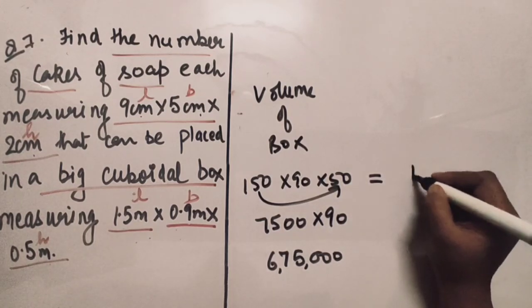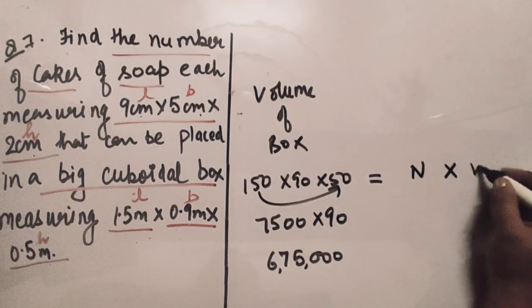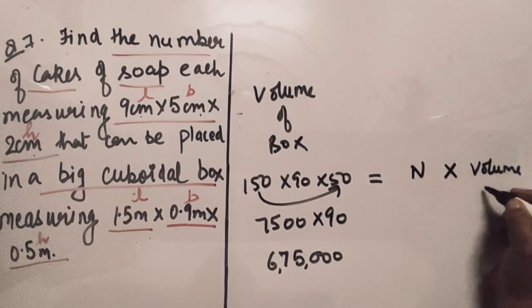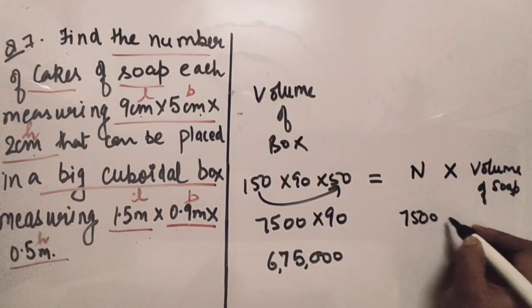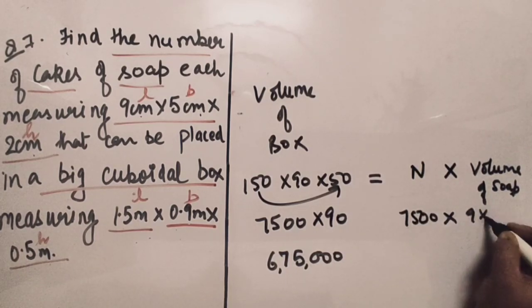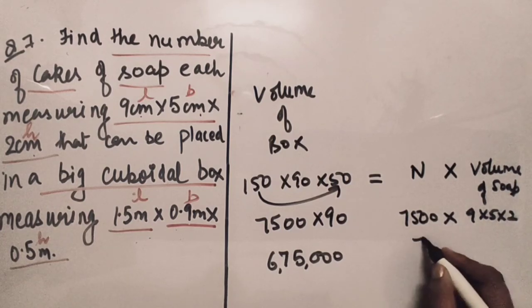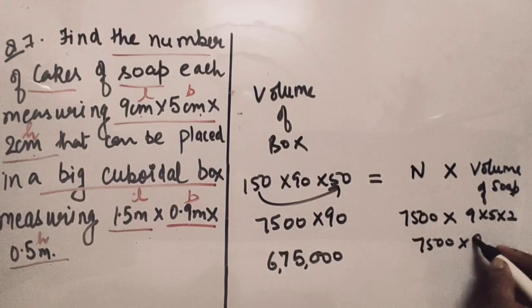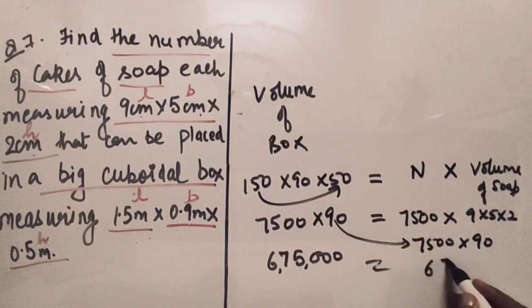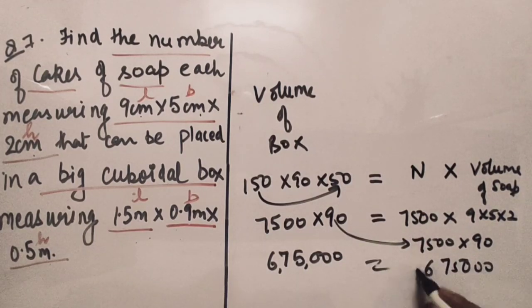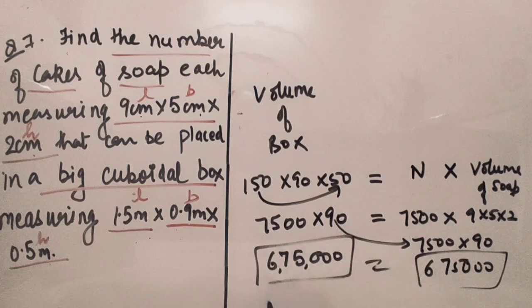Let's check whether the number into the volume of soaps comes out the same. The number is 7500, and the volume will be 9 into 5 into 2, so 7500 into 90. The same numbers are coming, you can see here, so its answer will also be this. Only in this case the volumes will be equal to each other.